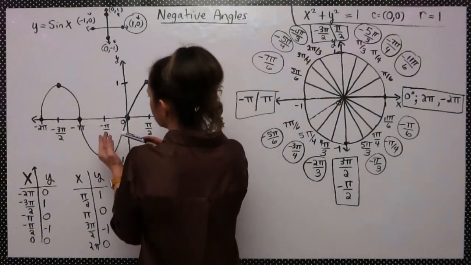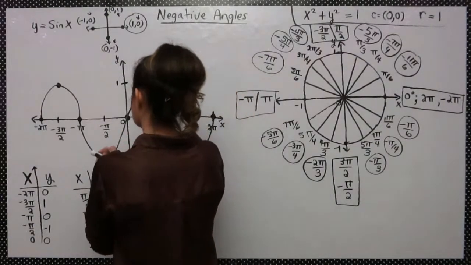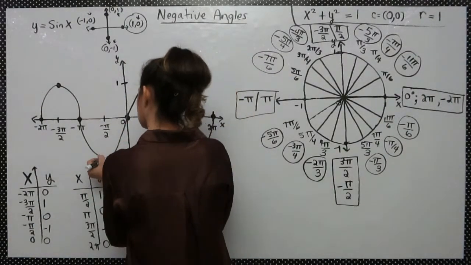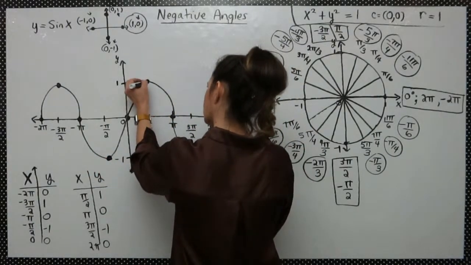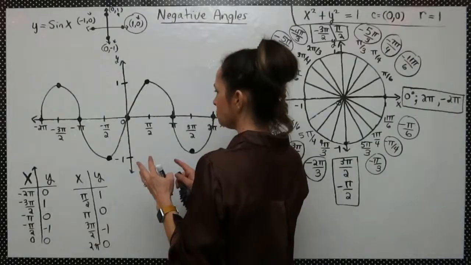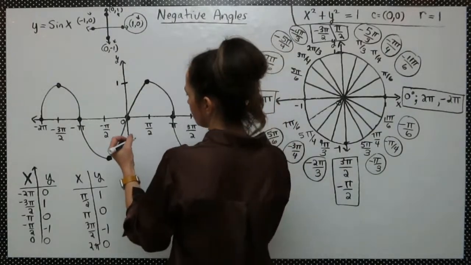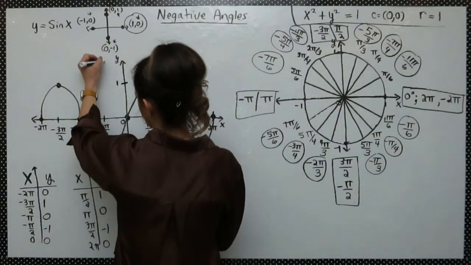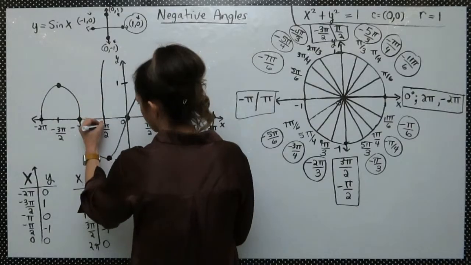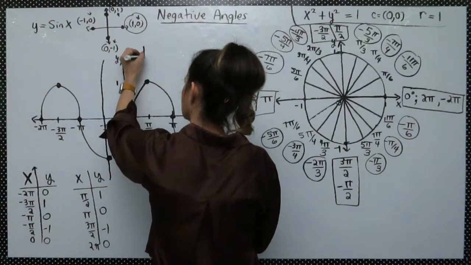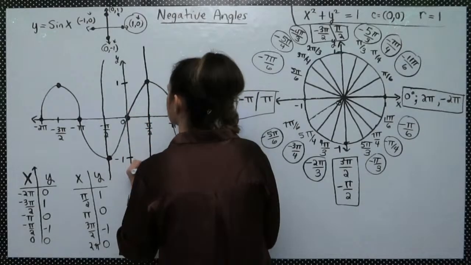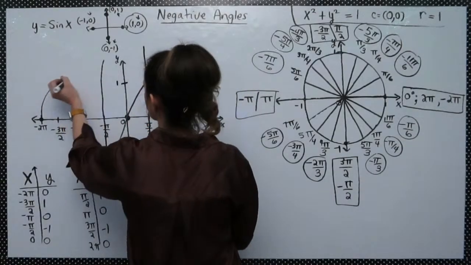So what we're doing is we're taking only the unique values. And so it turns out that they cut it off right here at pi over 2 because of these repeating values here and here.